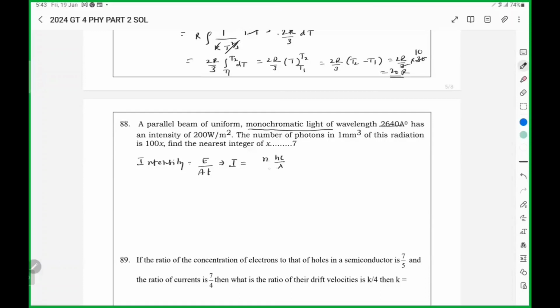For n photons incident, energy, area, time is. So if you take the number of photons in 1 mm cube, if you take length as 1 mm, since light is traveling at its velocity, T will be L by C.